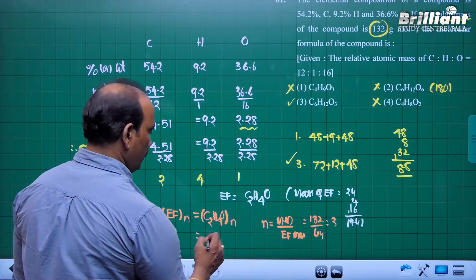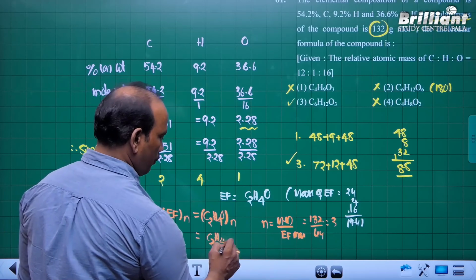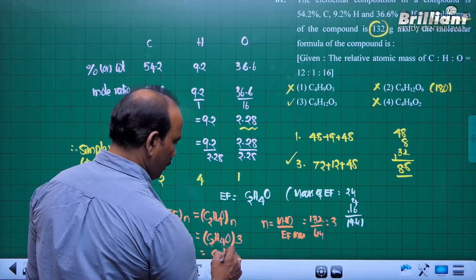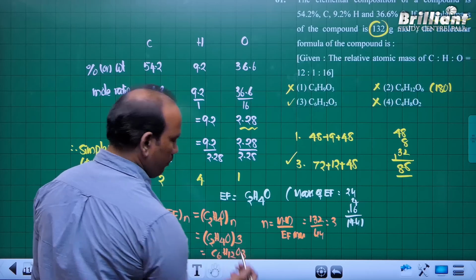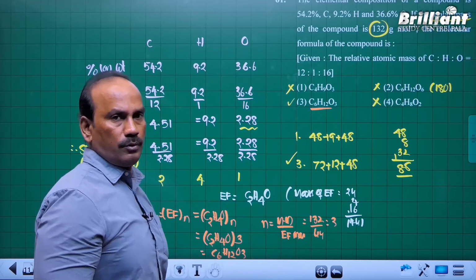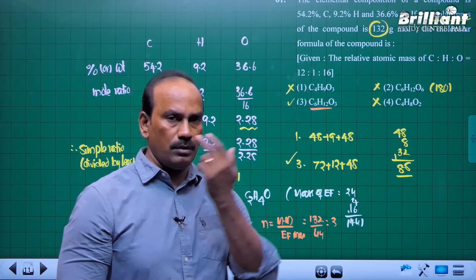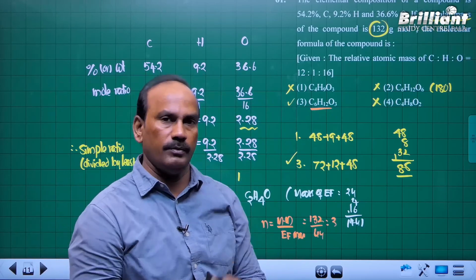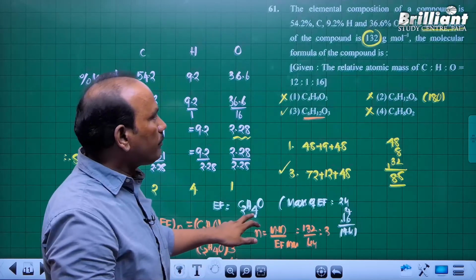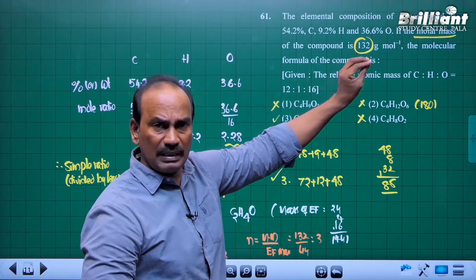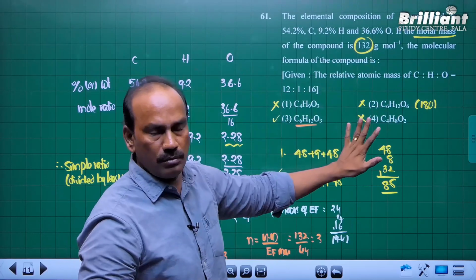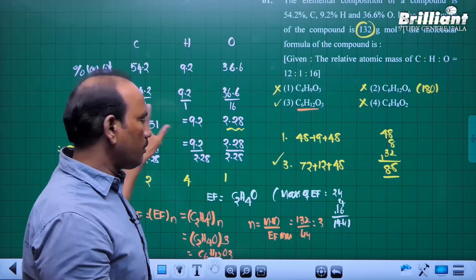So C2H4O into 3 is C6H12O3. This is okay? Don't go to this side. This is this type of question. Anywhere in the given question the molecular mass is given, directly we go to the verification to avoid this kind of calculation.